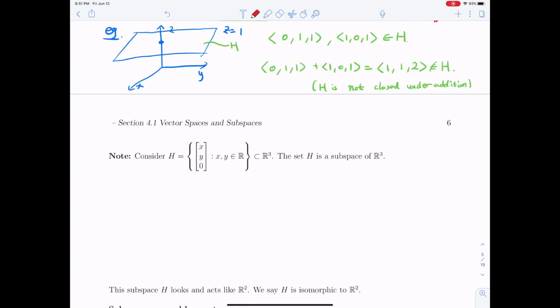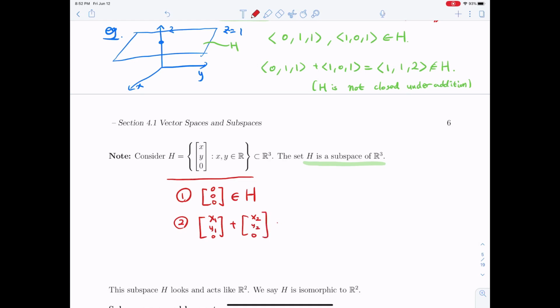Okay, so let's consider the case when the plane passes through the origin. So for example, if H equals (x, y, 0), then in this case, H is a subspace of R3, and this is because the zero vector sits inside H, and if you take two different vectors from H, say (x1, y1, 0) plus (x2, y2, 0), this gives you (x1 plus x2, y1 plus y2, 0).